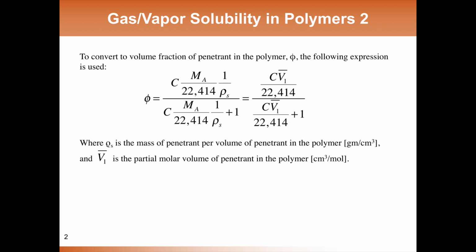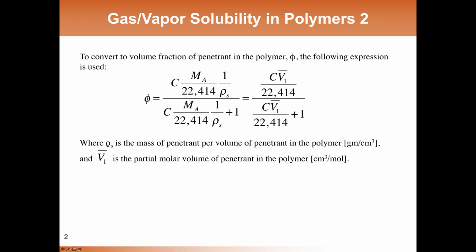Another convenient concentration scale is volume fraction. And as you'll recall from our discussion of the Flory-Huggins and Flory-Rehner models, they're always expressed in terms of volume fraction of penetrant and polymer in a given situation.